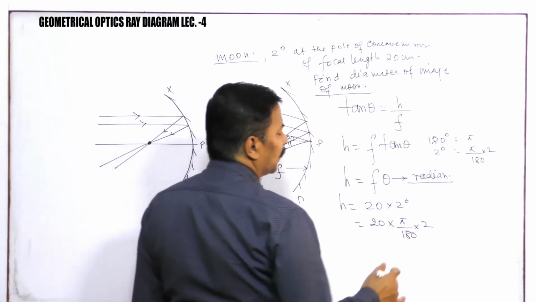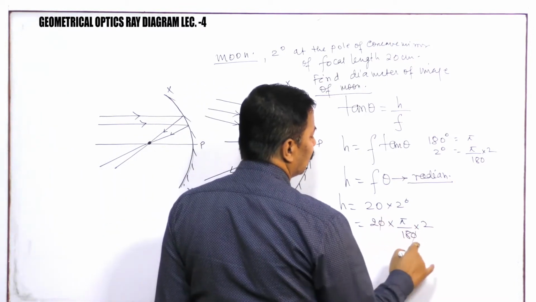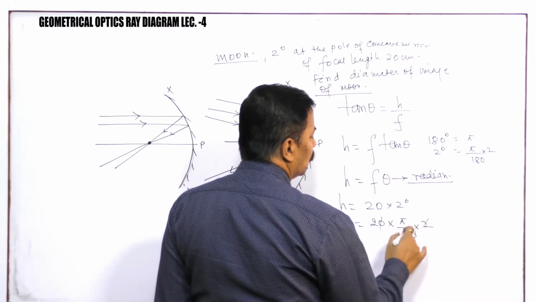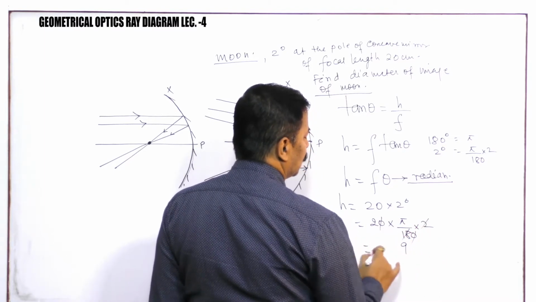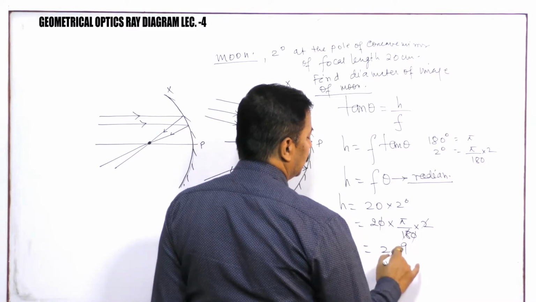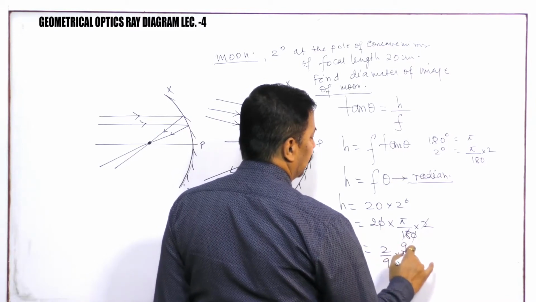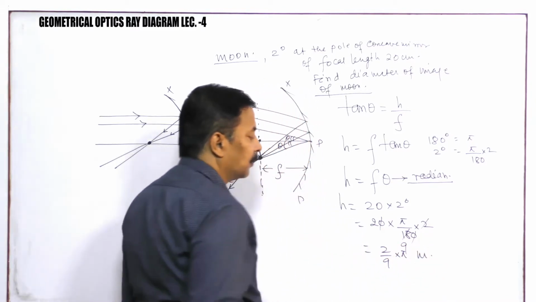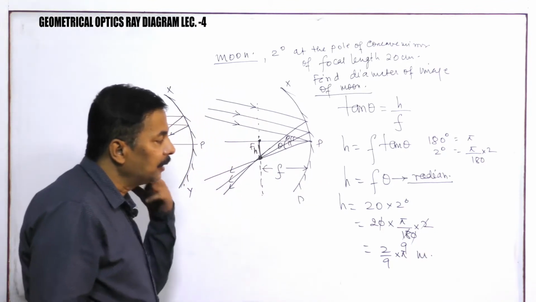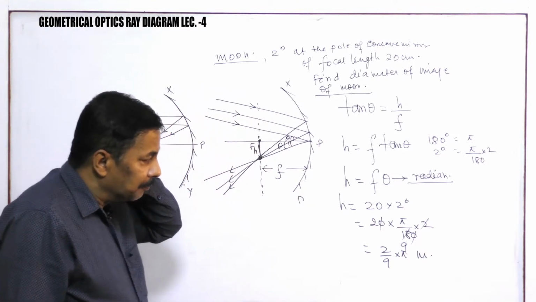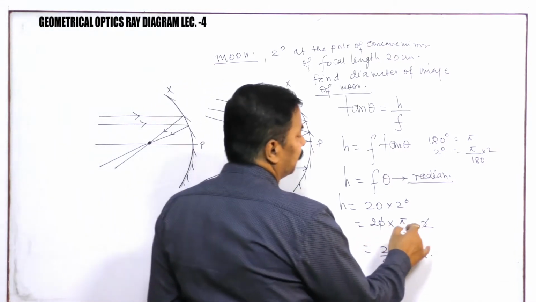This will give you 0, 0 will cancel, 2, 9. So it is 2 by 9 into pi meter. This will be 2 by 9 into pi meter because we are using the radian.